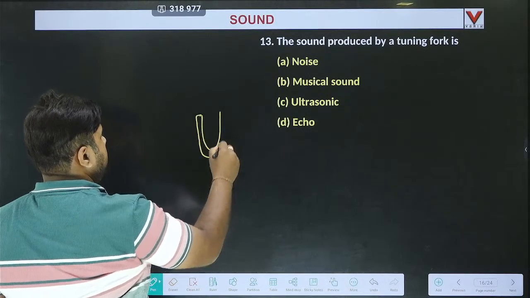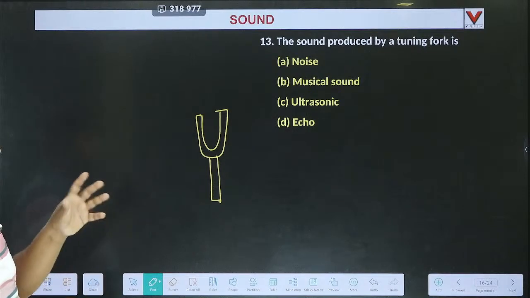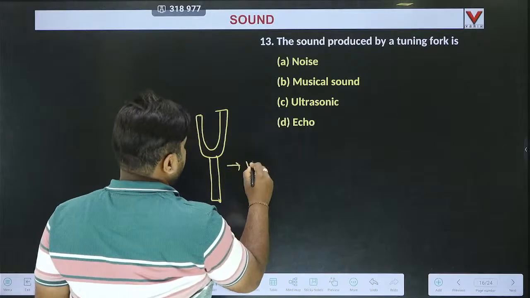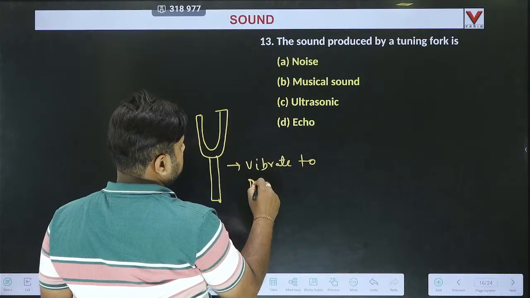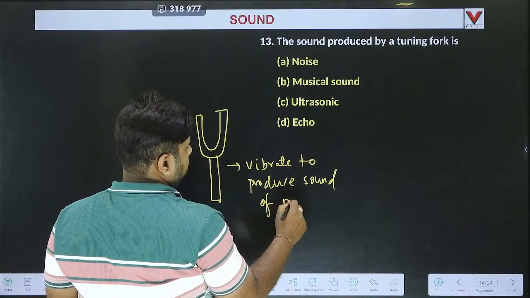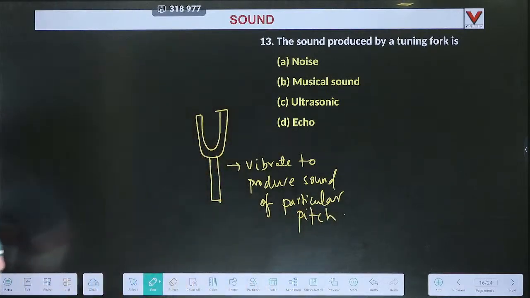If you strike this tuning fork on a rubber pad, it is going to produce sound of a fixed or particular pitch. When the rubber pad is hit, the tuning fork will vibrate to produce sound of a particular pitch.